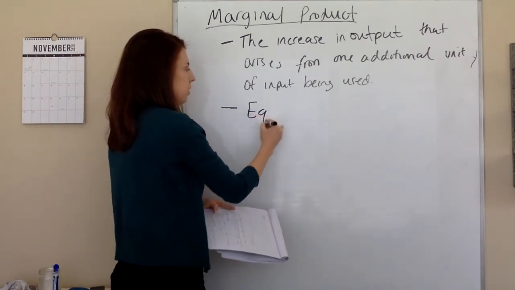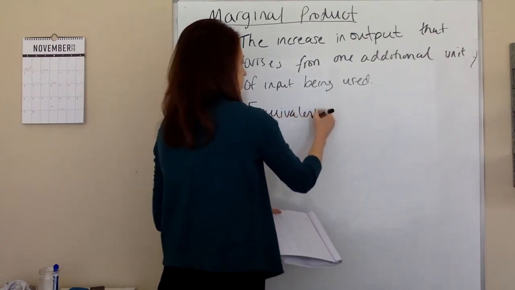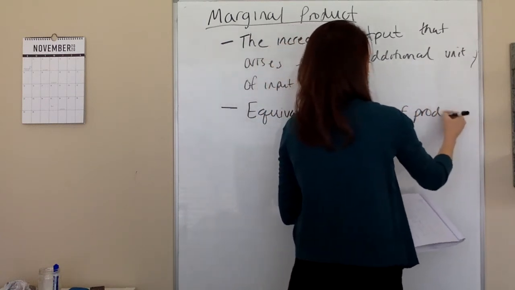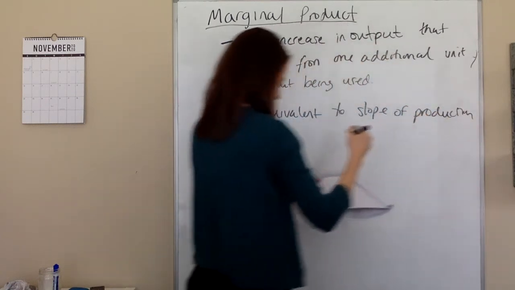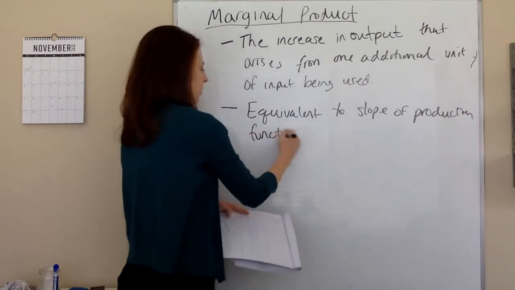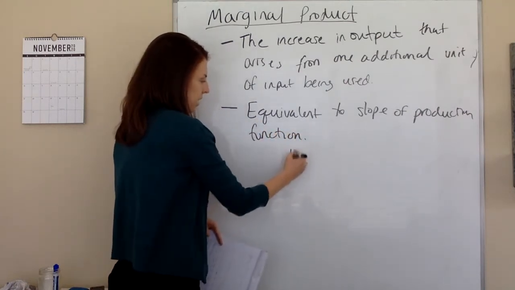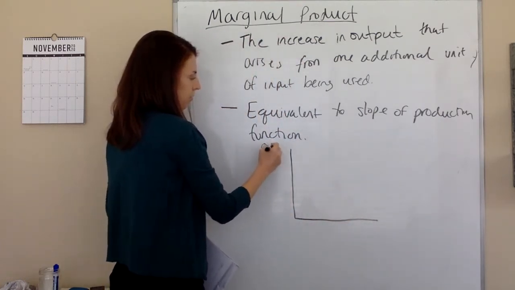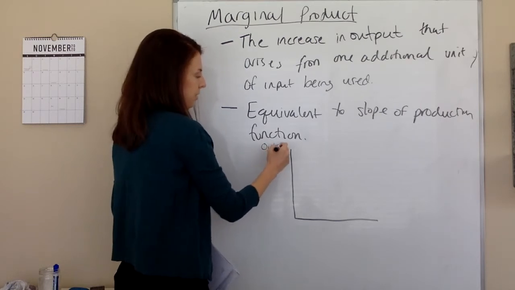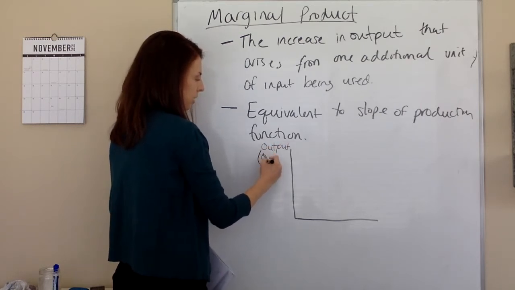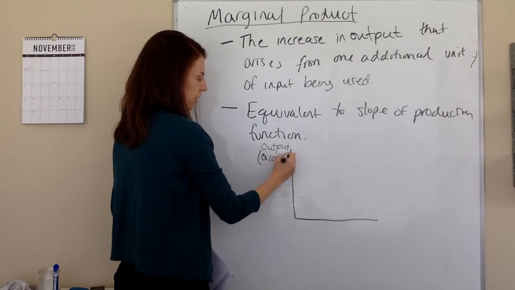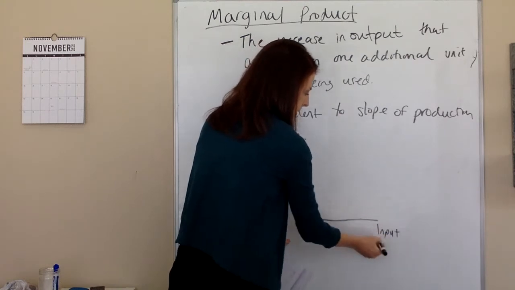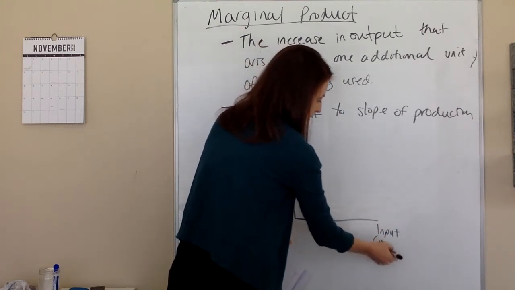So it's equivalent to the slope of the production function. Okay, let's think about why this is the case. Suppose we've got a baker. His output is going to be the quantity of cookies that his company bakes. And let's suppose the input is the number of bakers.